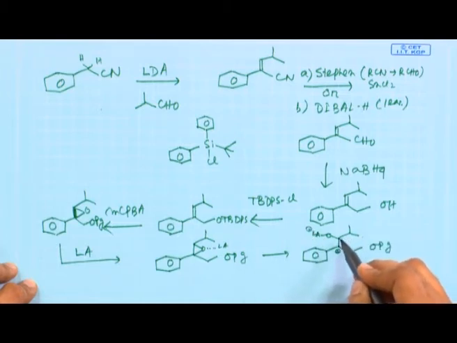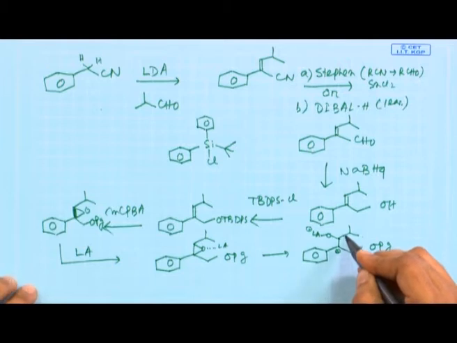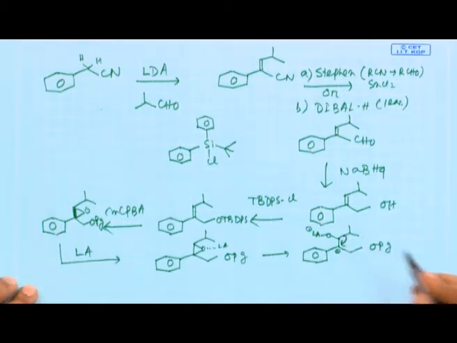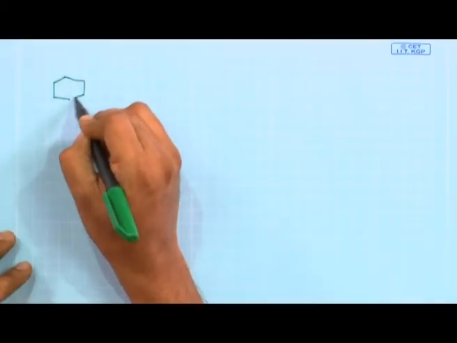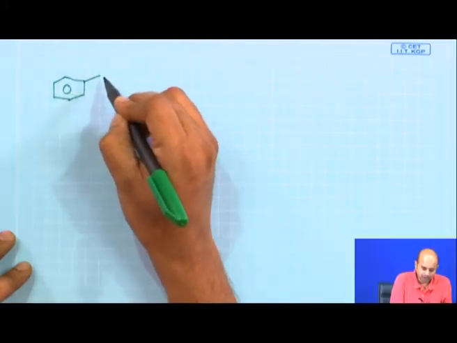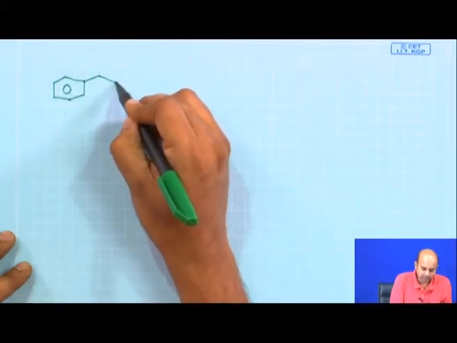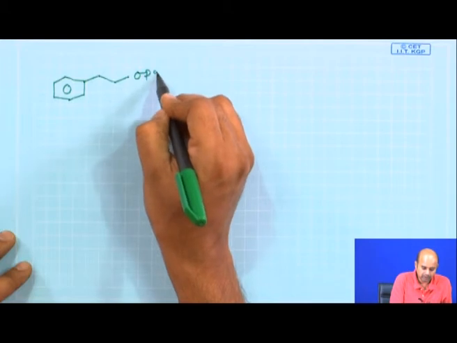Now, out of this there is a hydrogen, there is an isopropyl. The isopropyl group is secondary, it will basically migrate here. Once the isopropyl group migrates, you will get the all-carbon quaternary center.